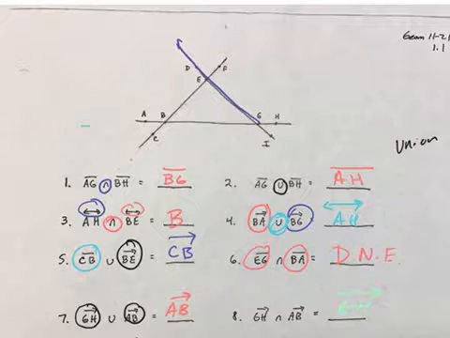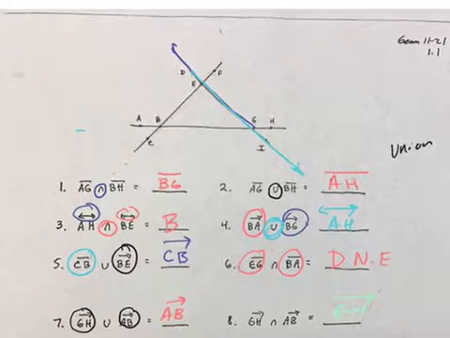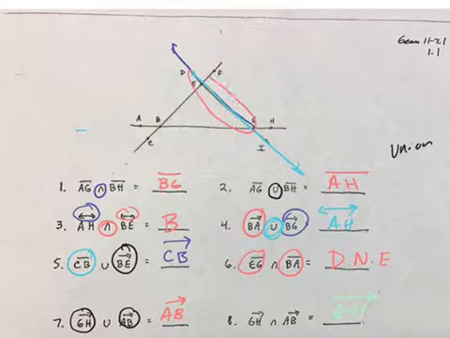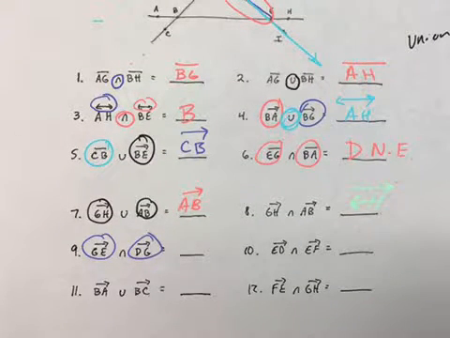Oh, interesting. And again, I want to know where they intersect. And so I'm going to look at where these two colors intersect. It looks like they intersect at segment DG. Where do ray ED intersect with EF?